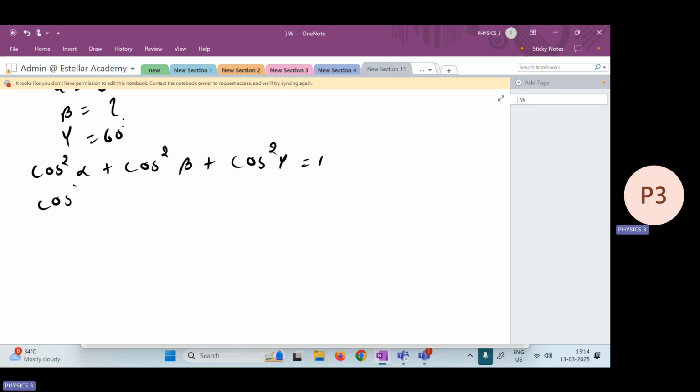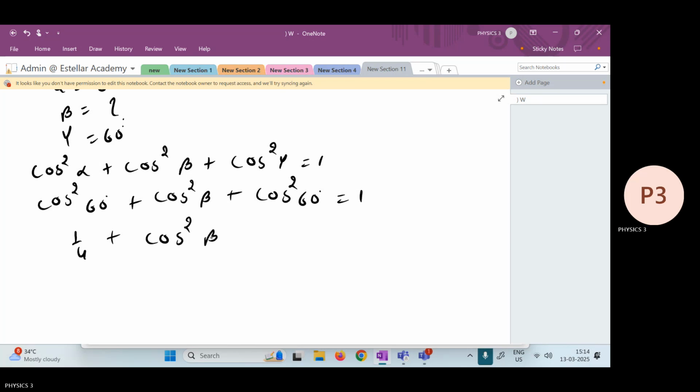So cos square 60 plus cos square beta plus cos square 60 is equal to 1. So 1 by 2 square will be 1 by 4, plus cos square beta plus 1 by 4 is equal to 1. Cos square beta will be equal to 1 minus 1 by 2, that is equal to 1 by 2.